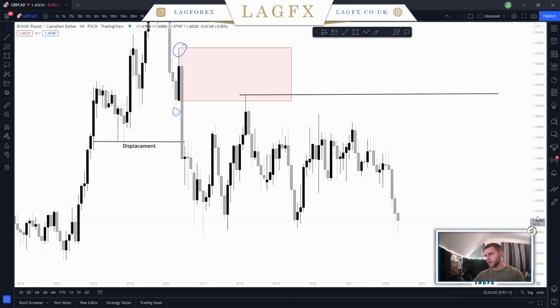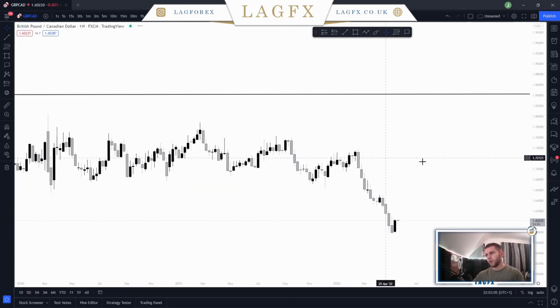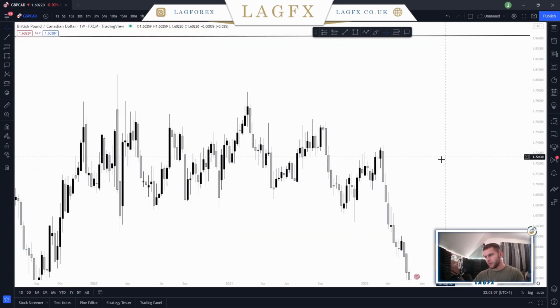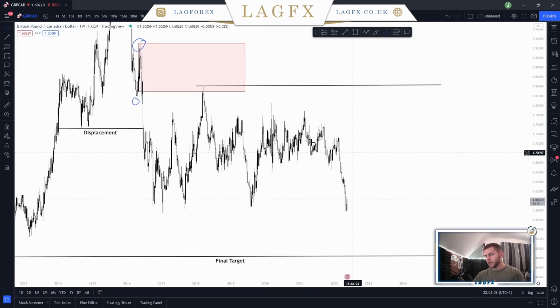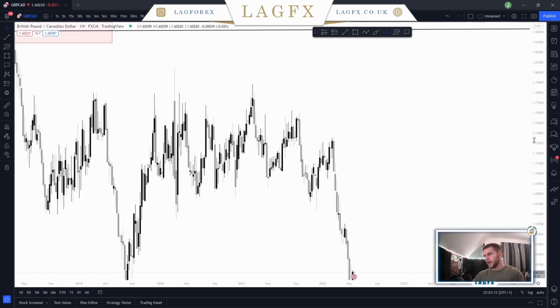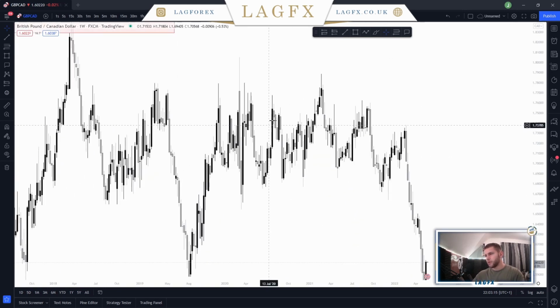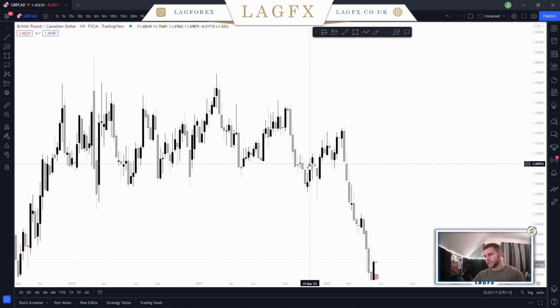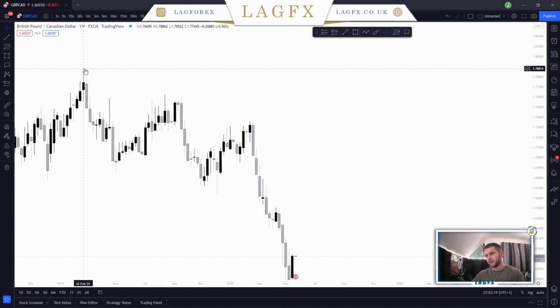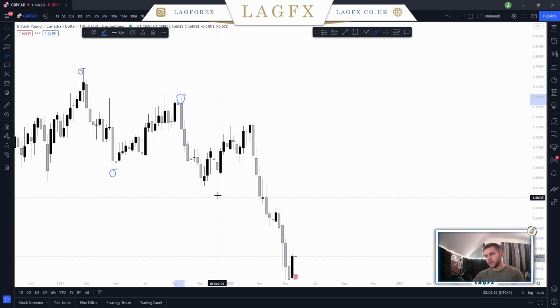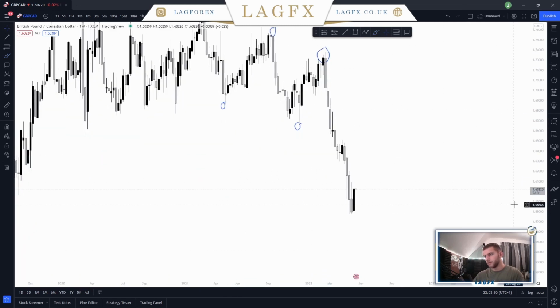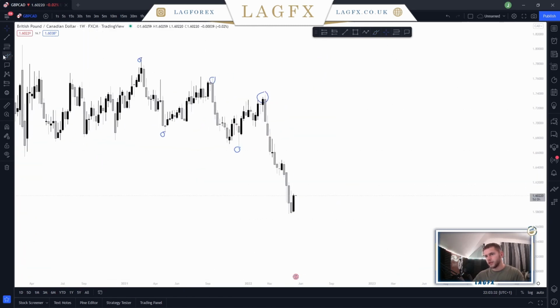However, we're able to shorten that range nicely to this using structural laws alongside the knowledge of order mitigation and order flow. So we can go lower once again, and now we have our bias that we don't really want price to trade higher. We want price to continue trading lower. And now looking inside of this, where we've broken out of this region of consolidation, we've obviously had once again, swing high, swing low, swing high, swing low, swing high, and then we've come down now to create a swing low.